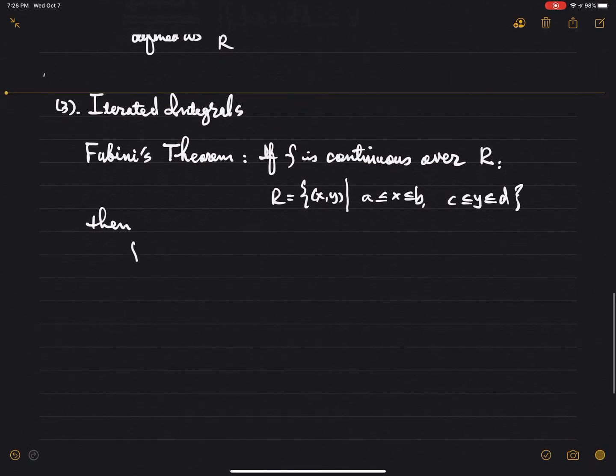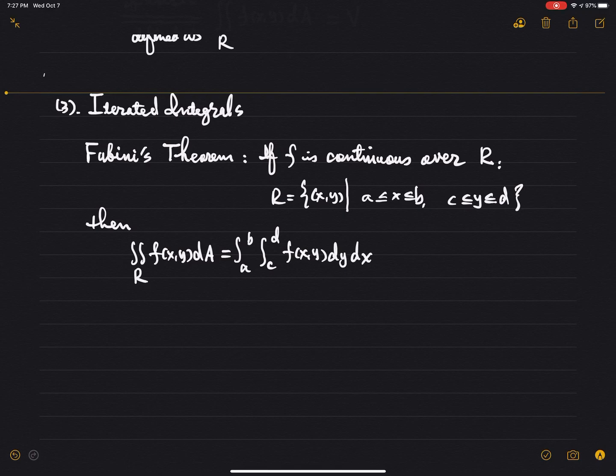The double integral of f(x,y) over R is equal to the integral from a to b, of the integral from c to d, of f(x,y) dy dx. This is also equal to the integral from c to d, of the integral from a to b, of f(x,y) dx dy.